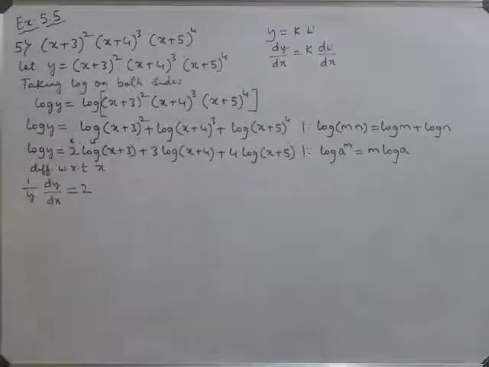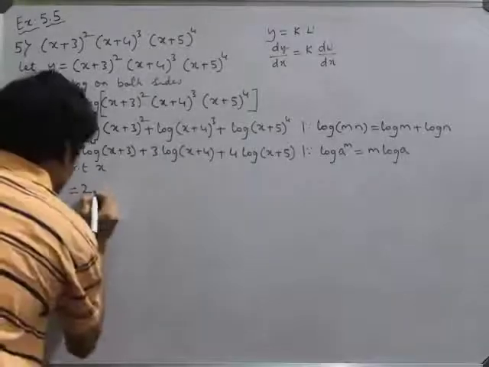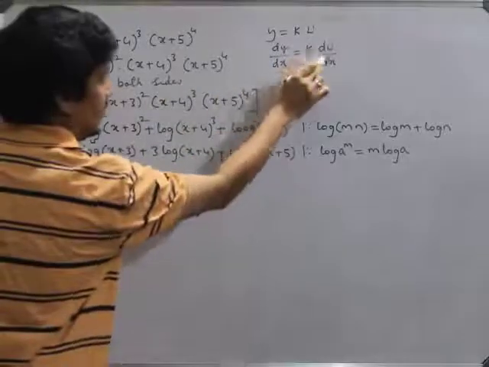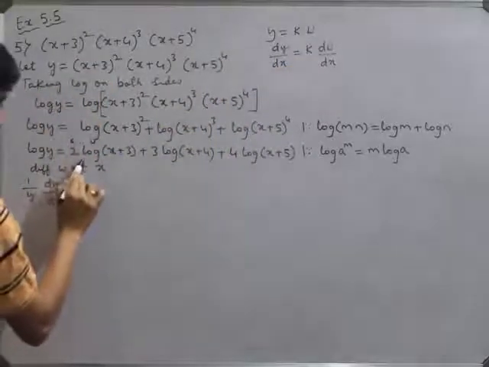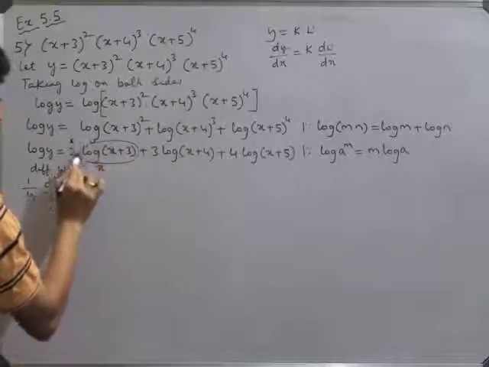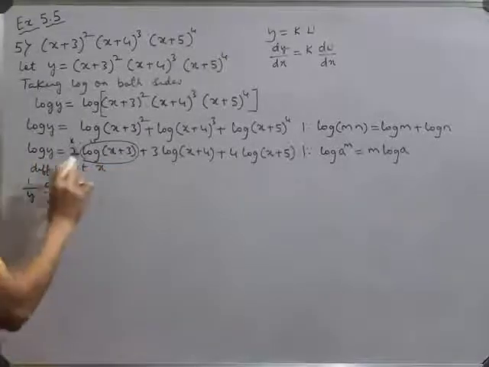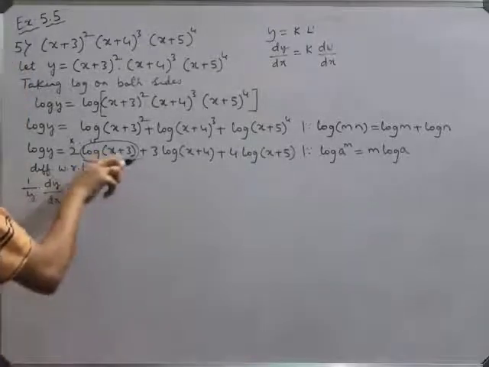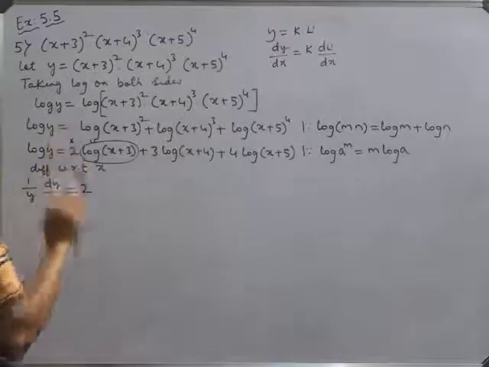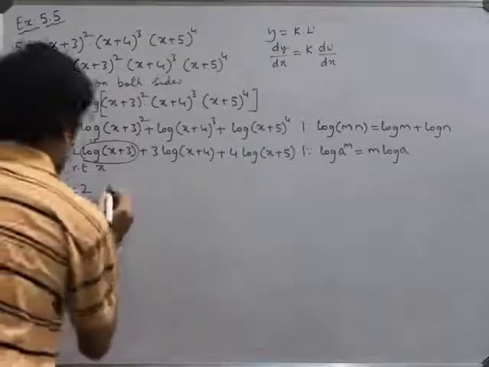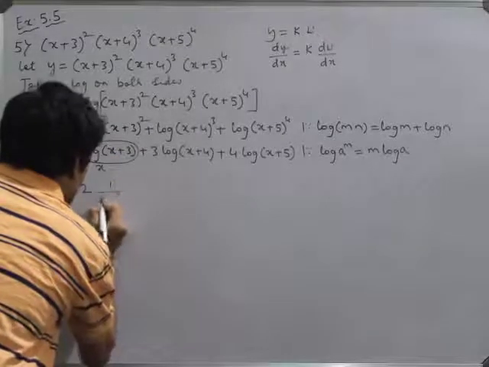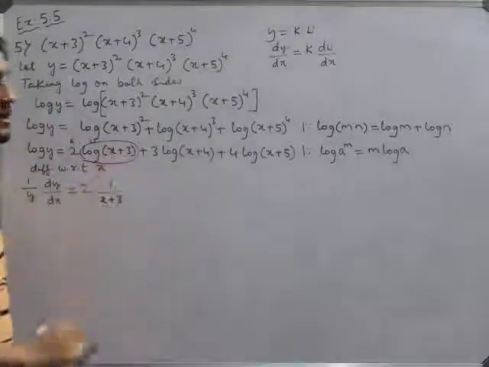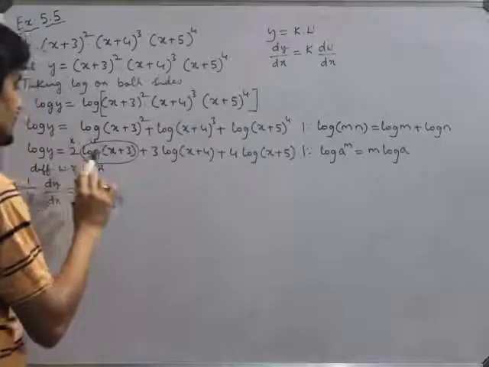Here this term will not be 0: 2 into differentiation of the given function. Look at this, k into du by dx. Here this entire term is u. So how to write? Log of x plus 3: differentiation of log x is 1 by x. In place of x, here we have x plus 3. So write it like this: 1 by x plus 3 into differentiation of x plus 3, because it is a composite function.